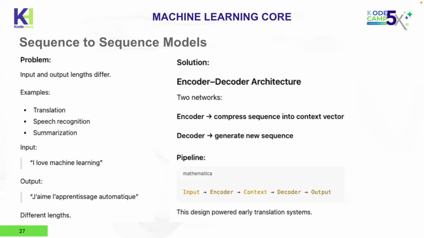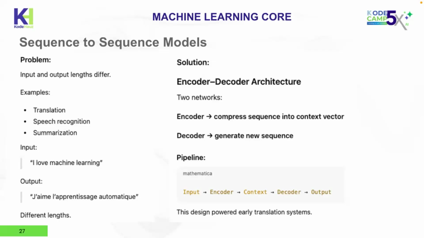The way it works using the standard LSTM approach is that the encoder will first compress the input sequence into an internal context vector.